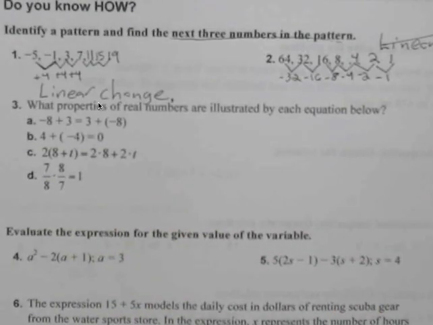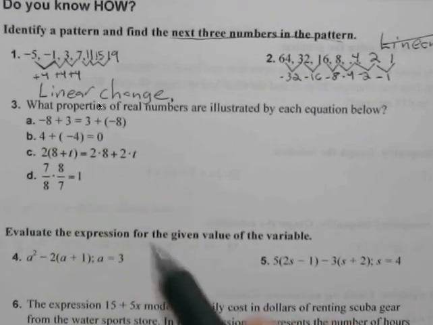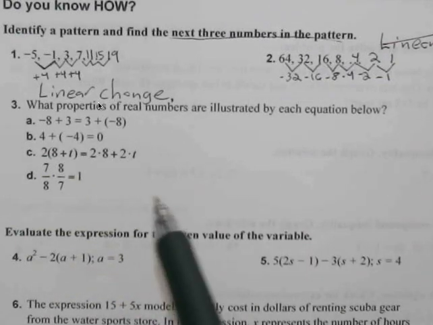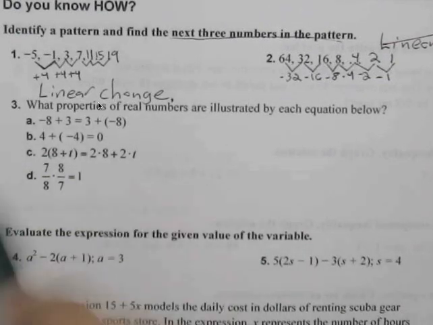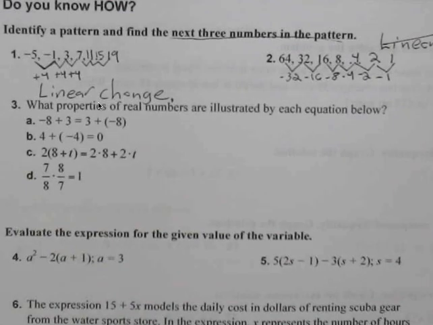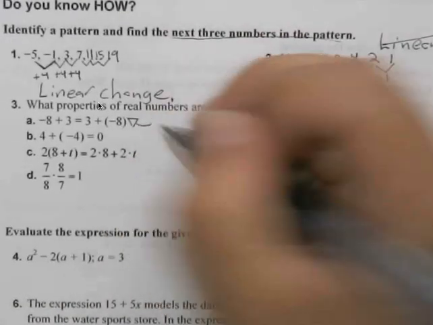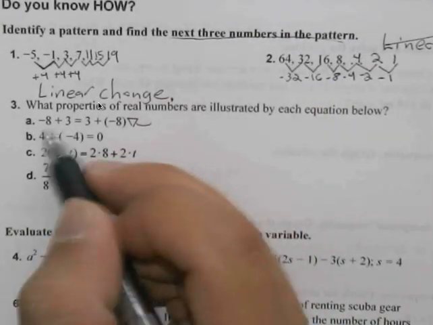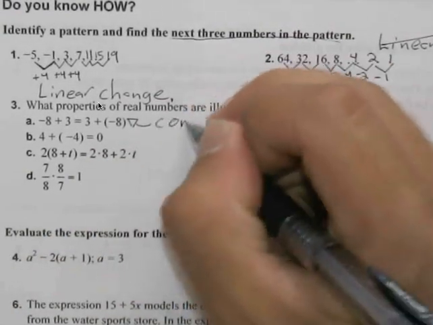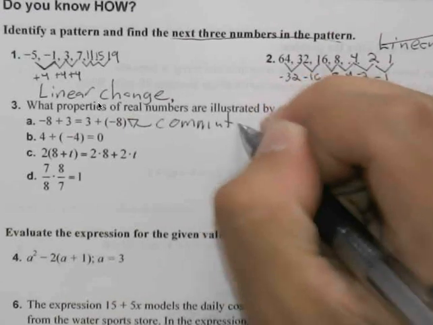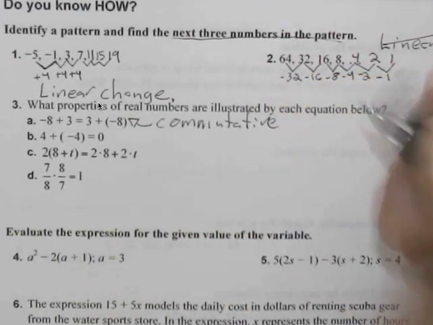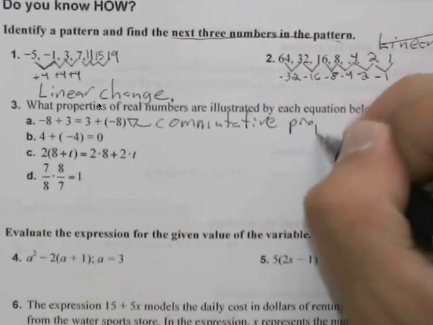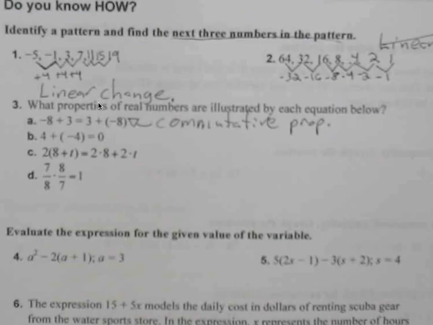I won't ask you too much about the types of properties that we use, but this should sound familiar. Some of these I forget, but I'm pretty sure that this is the commutative property, where we can rearrange the order of numbers. So this is the commutative property of what operation?